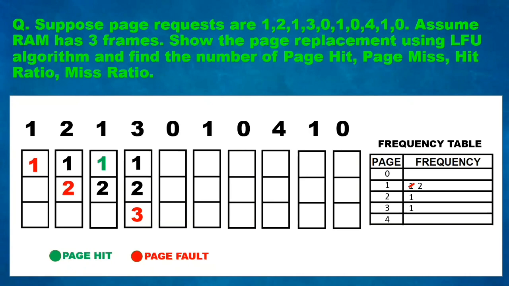So here we can see that 2 and 3, these two pages both have the same least frequency 1. So here we apply FIFO between 2 and 3. So between 2 and 3, which page came first? That is 2. So 2 will swap out from the RAM and 0 will swap in.